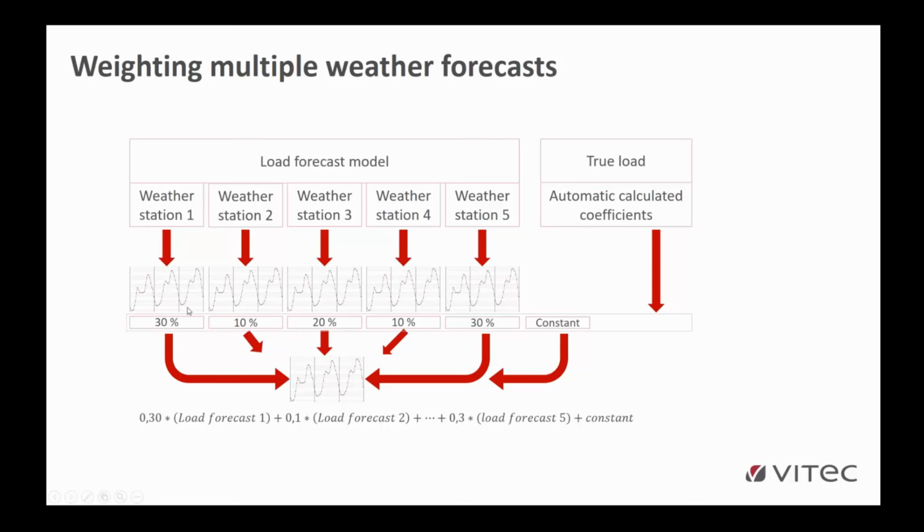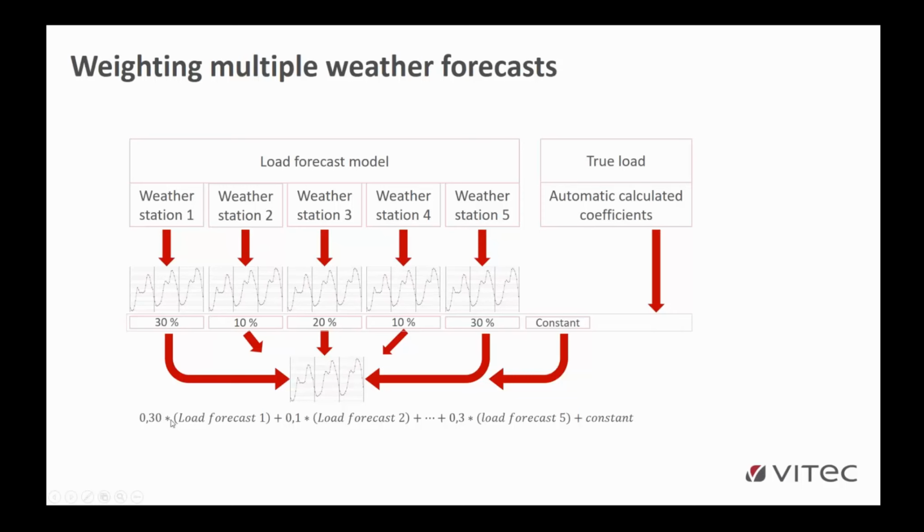So as you can see here from what we are doing, we are taking 30% from weather station 1, so we're taking 0.3 times the load forecast for weather station 1, and then 10%, so 0.1 times the load forecast based on the weather forecast from weather station 2, and so on.